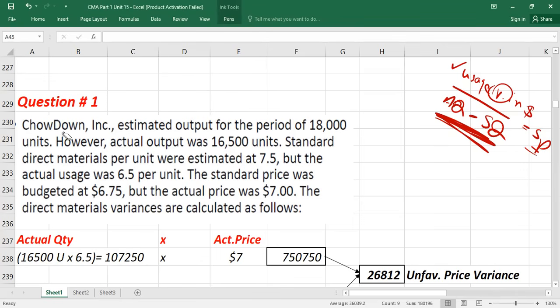They're saying, let's assume CD Inc. estimated output for the period is 18,000 units. This is estimated output, a budgeted output, budgeted quantity. Or you can say budgeted units, you can use the word. However, actual output was 16,500. This is the actual output.